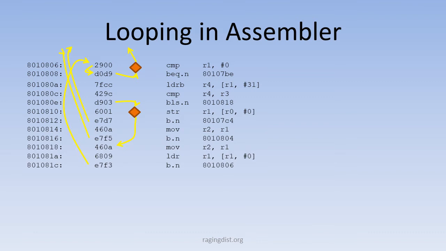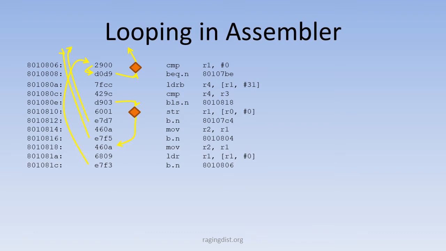And that earlier address is the one on the right after the BEQ.N. It's the 801007BE. And it will jump around like that. And of course, if it doesn't jump up to 801007BE, it will continue on and execute the 7FCC, the 429C, and then again it gets to the D903.